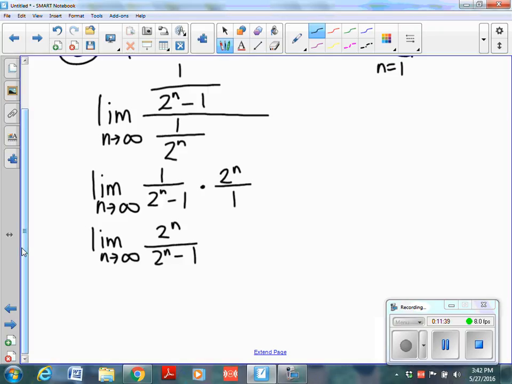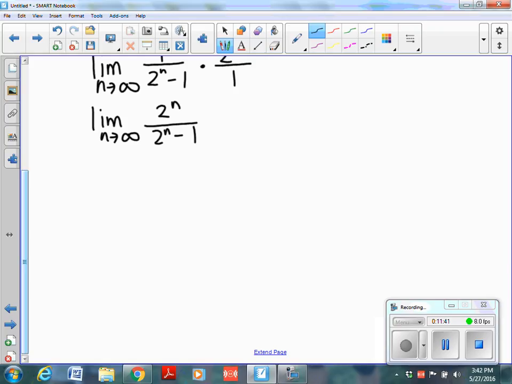which turns out to be the limit as n approaches infinity.